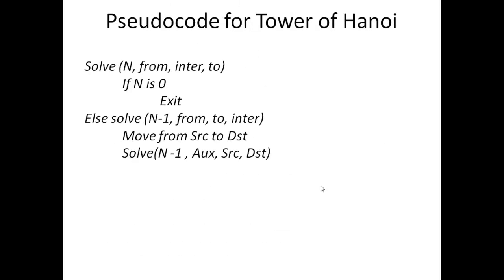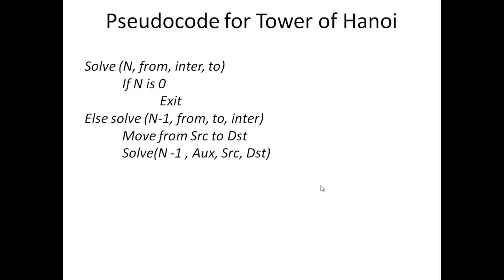If you write pseudocode for this Tower of Hanoi problem, you can say solve of n, from, inter, to. If n is 0, we exit out of the problem.